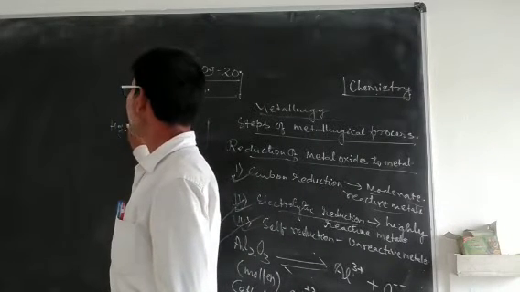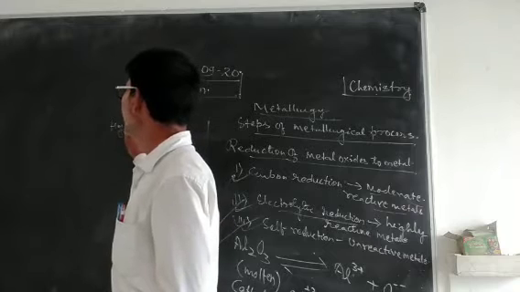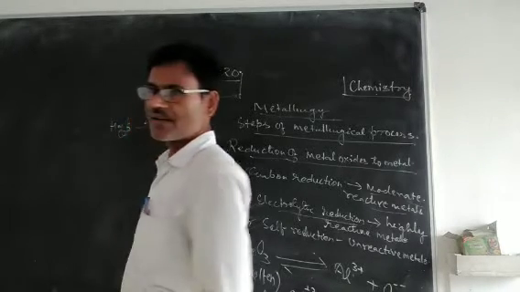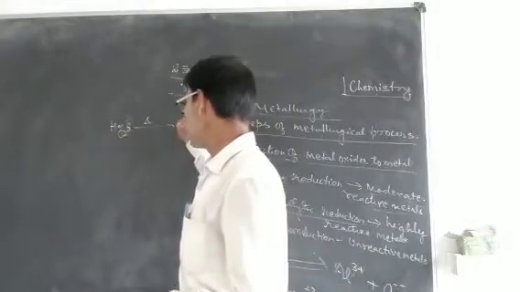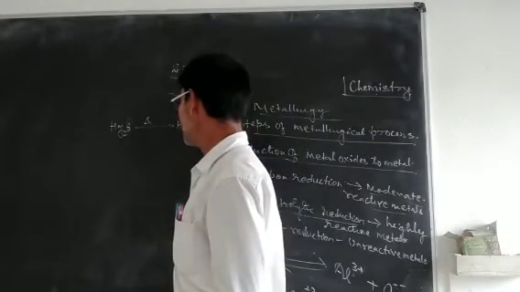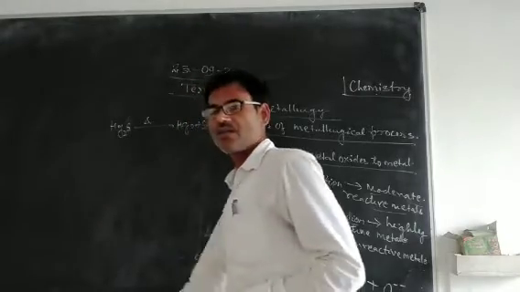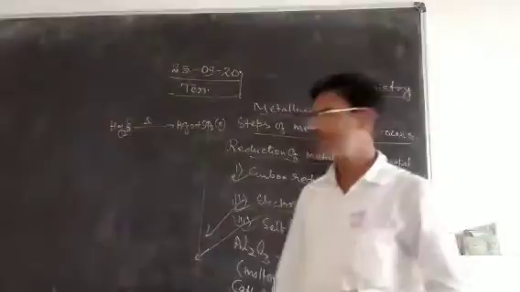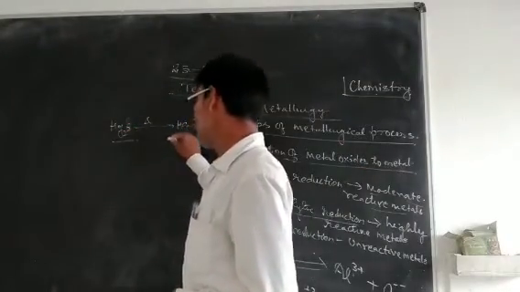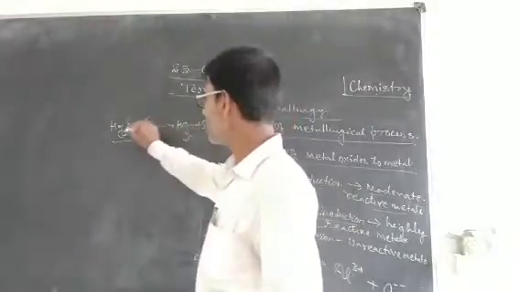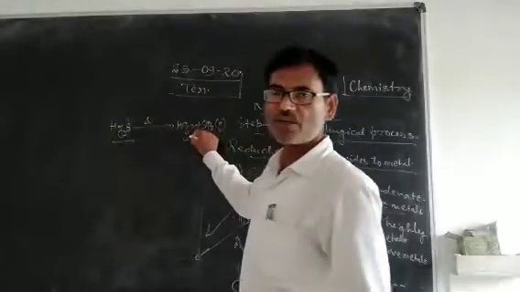Mercuric sulfide is cinnabar. When it is heated in presence of air, it is changed into mercuric oxide and sulfur dioxide gas is released. That means by roasting, mercuric sulfide is converted into mercuric oxide.